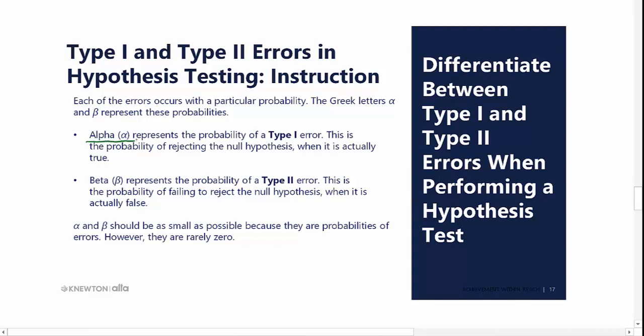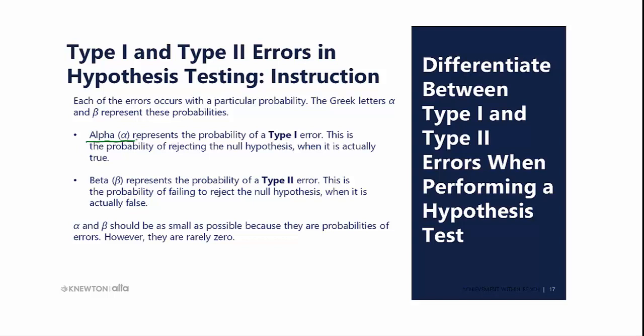Okay, so what's alpha? Alpha is the probability of what's known as a type 1 error. So what is a type 1 error? Well, an error in general is whenever you make a decision about something, but it's not actually true. For instance, a type 1 error is the case where you reject H null when in fact H null is actually true.